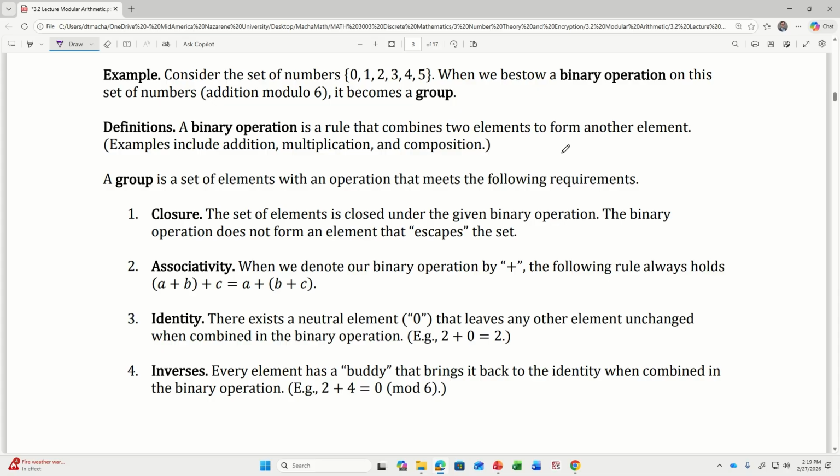And then inverses means every element has a buddy, and when you combine an element with its inverse using your binary operation, it brings you back to the identity. So like 4 is the inverse of 2 under addition mod 6, because 2 plus 4 is equivalent to 0 in this group, right? 2 plus 4 is congruent to 0.